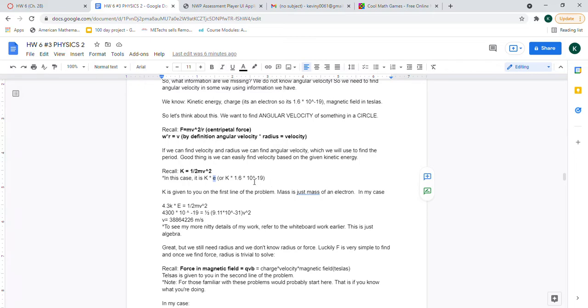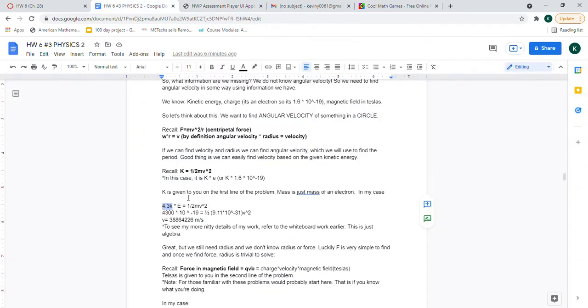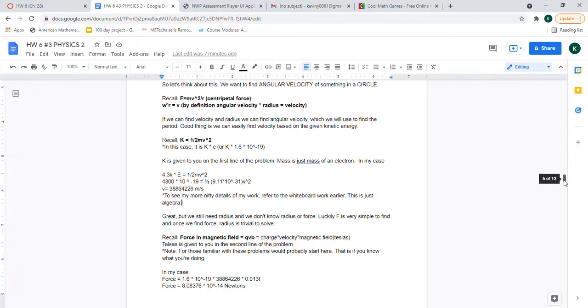So we need to multiply our K by e, the charge of the electron. Then we plug in everything that we know. We plug in the 4.3 K, because this was given, times e, the charge of the electron, equals 1/2 m, which is just the mass of the electron. This number should be the same for all of us. And then v squared. And then v is this. If you want to see my work more thoroughly, just look at the little whiteboard work above. So great. Now we have the velocity.